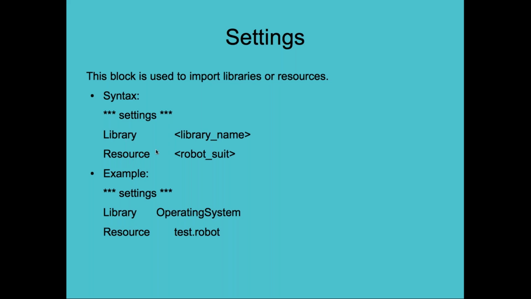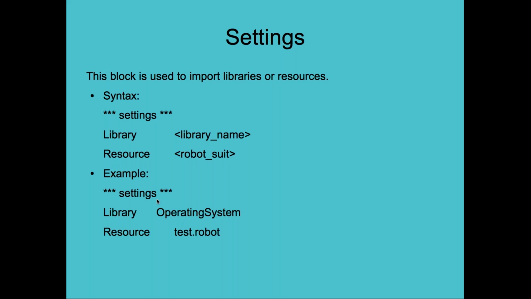To import a Python library, or if you want to import any robot suite, we can use Library and the library name. Similarly, if you want to import a robot suite in some other robot suite, we can use Resource and the robot suite name we have to specify. So this is the syntax.